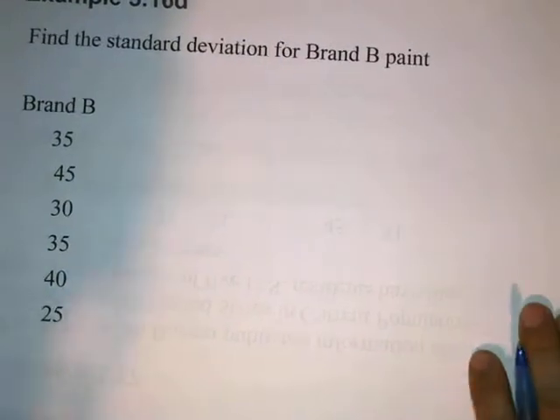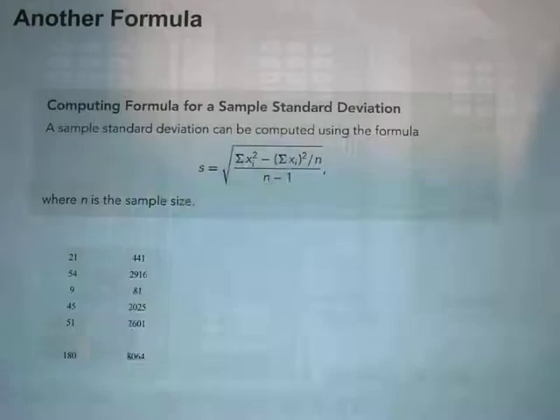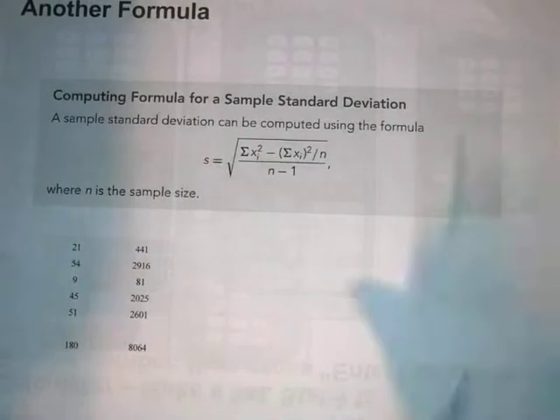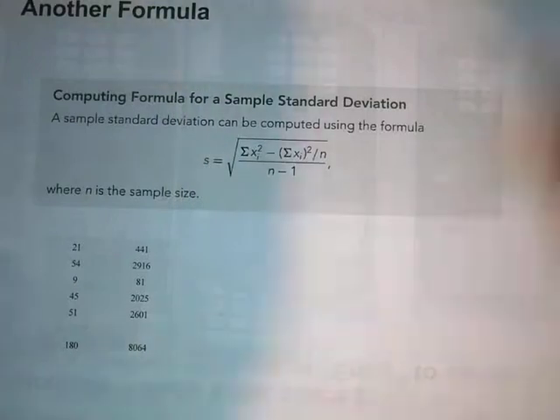Okay, and I'm going to leave finding the standard deviation for the brand B paint to you to do. And that is actually all that I want to do today.